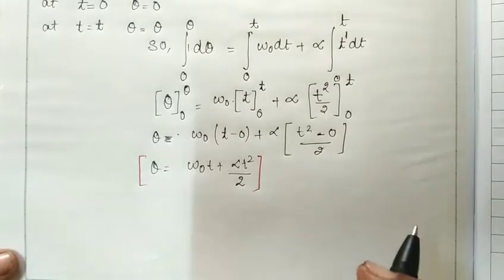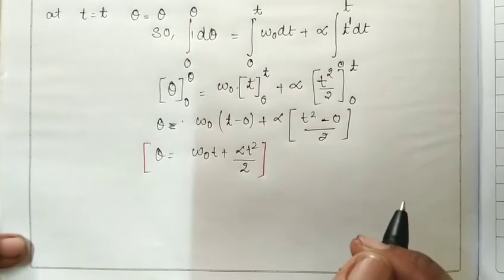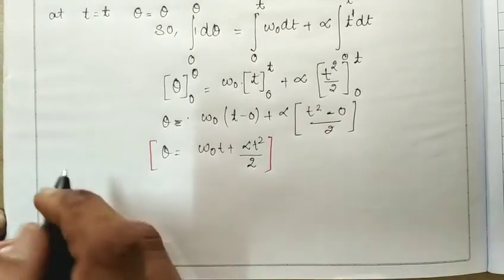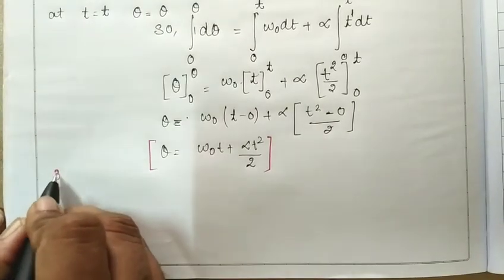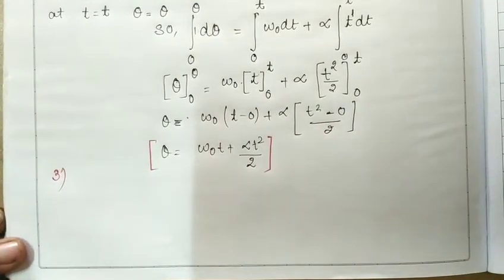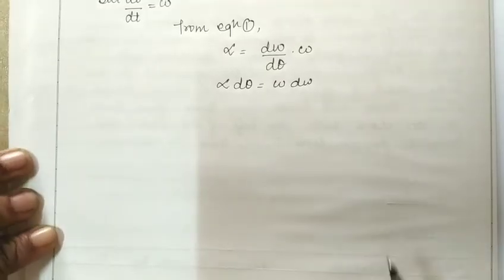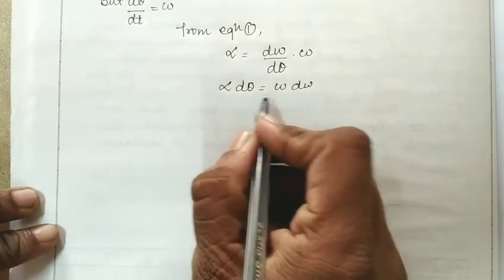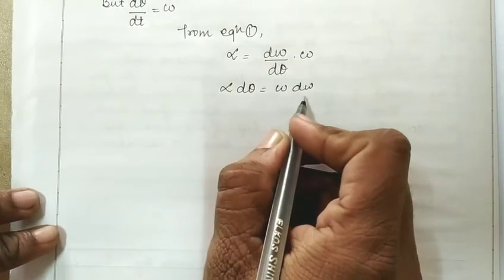Now we are turning towards the last equation of motion for angular motion. The third equation of motion can be achieved as, students, as we know, alpha d theta is equal to omega into d omega.